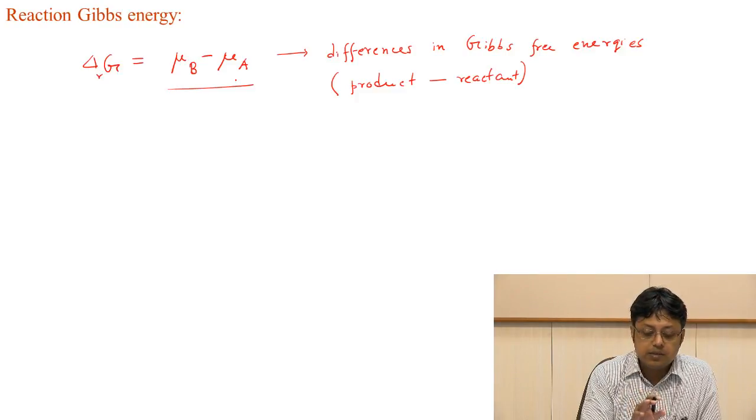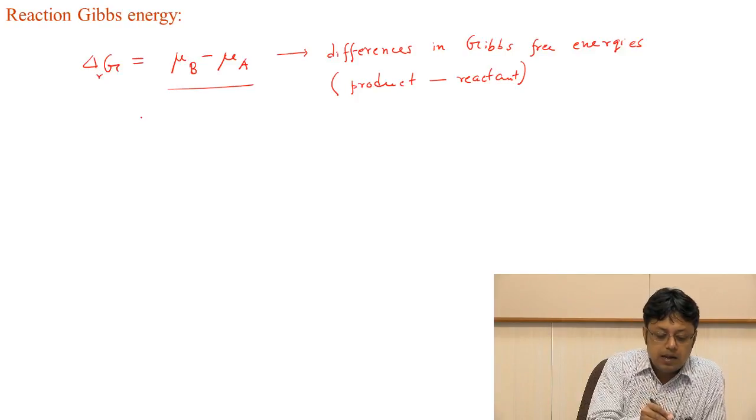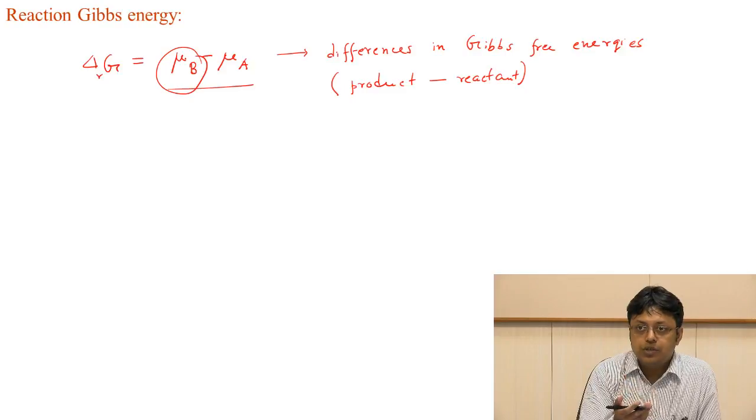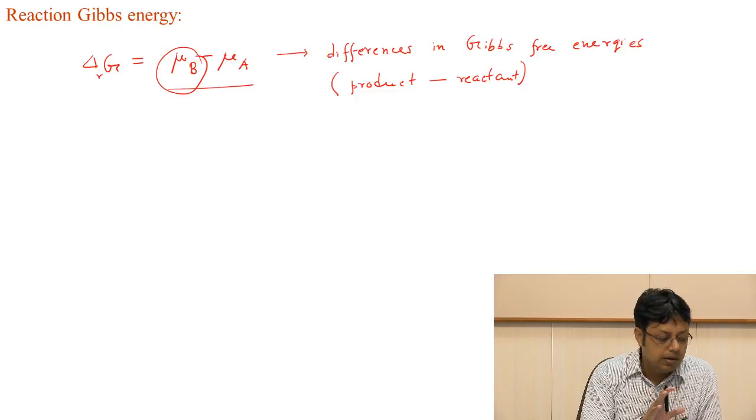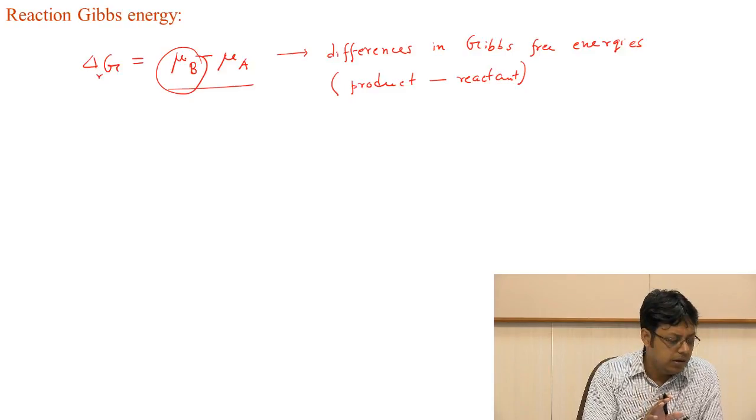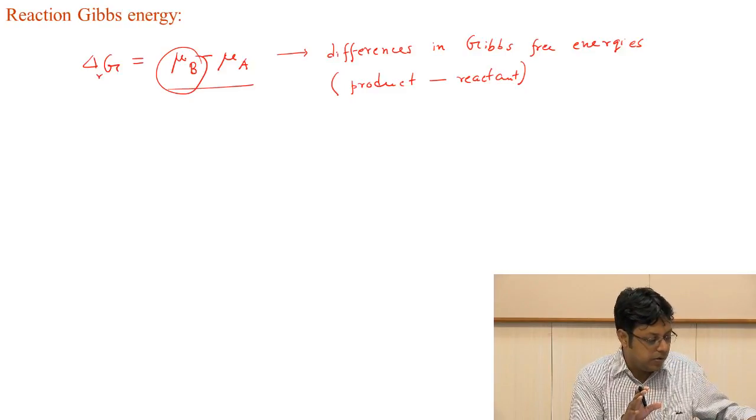Now, in the general case, as we have seen, these chemical potentials have to be multiplied by the stoichiometric coefficients. It is obvious, because if you have a different number of moles for B and A, you have to take that into account. And that's why in the general case, we also have to multiply by the reaction quotient. That we will be exploring now.